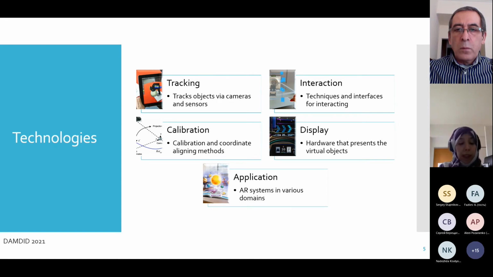Then we have the display techniques, which is the hardware to present the virtual content in AR. It includes many different systems such as head-worn, handheld, and projected displays. And finally, we have the AR applications, which are systems in various application domains such as medicine, manufacturing, military, and education.